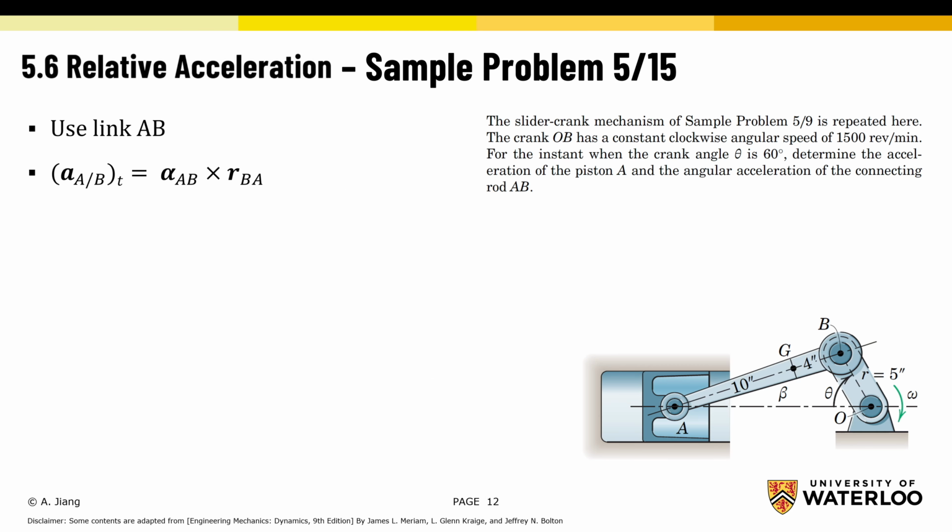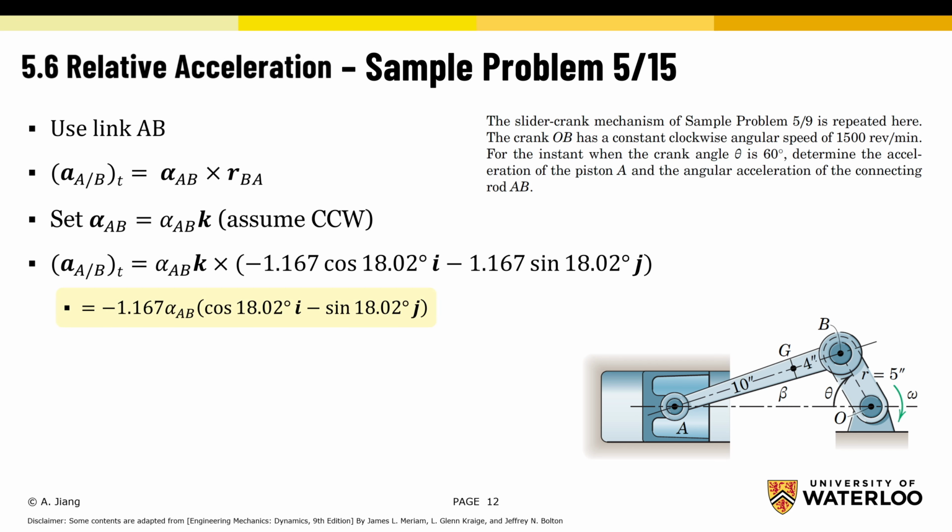We'll solve the n part, and we'll need to get the t part. Use the equation we derived again. The A/B t component is alpha cross R. We do not know the alpha AB. That's fine. This is one of the unknowns we need to solve. Just like AA, here we'll just set it as an unknown, alpha AB scalar K, assuming it's counterclockwise.